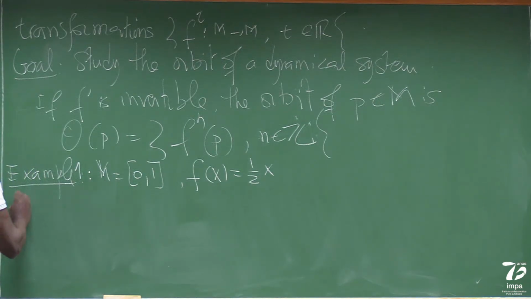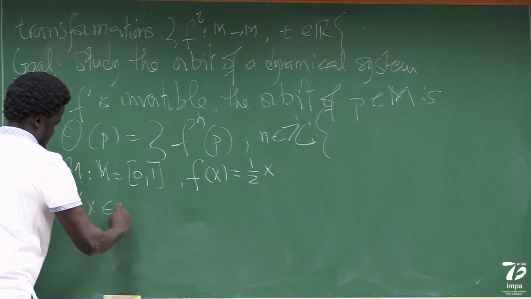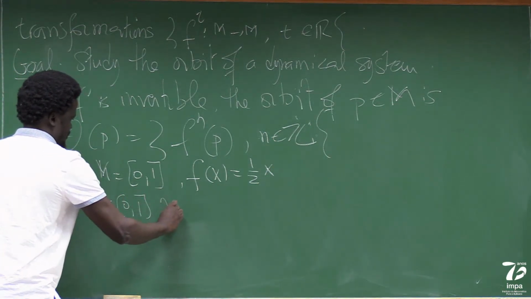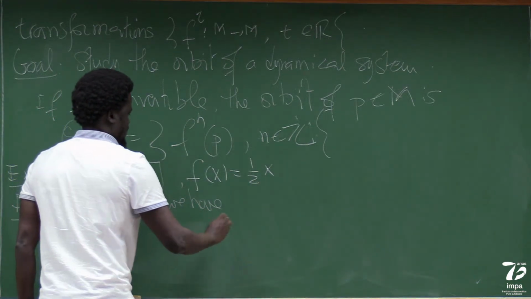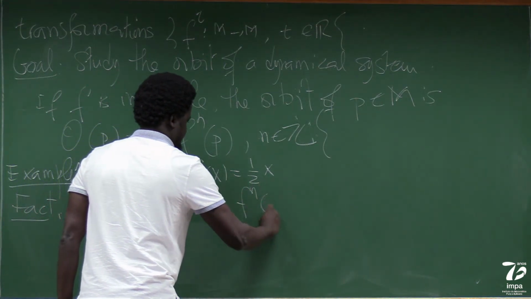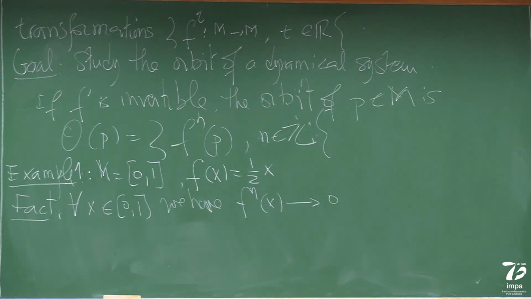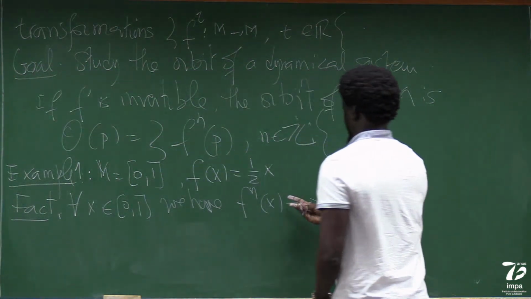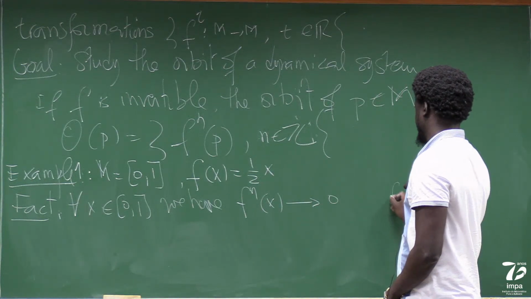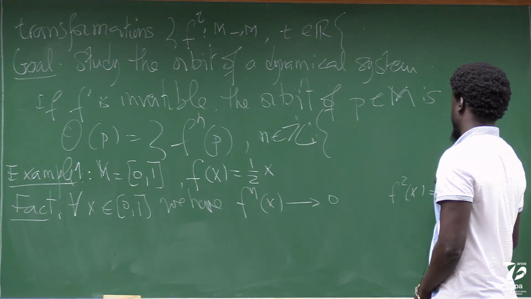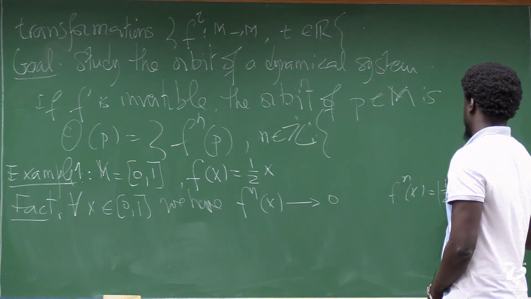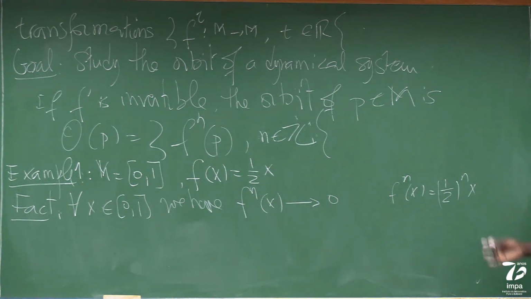You can see that for every x in [0,1], F^n(x) is converging to 0. If you iterate any point, F squared of x is x over 4, and F^n(x) is x over 2^n, and this is going to 0 because 1/2 is less than 1.